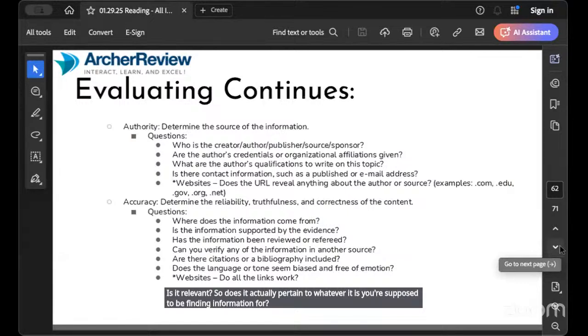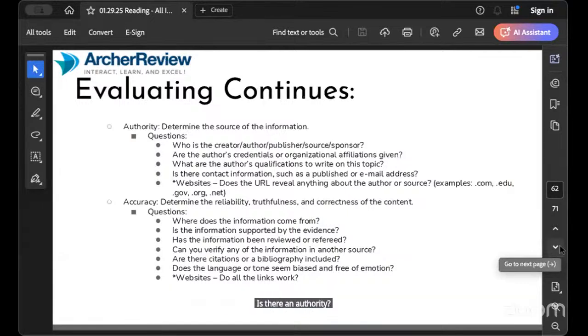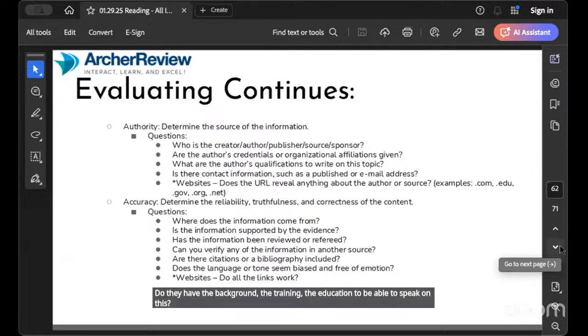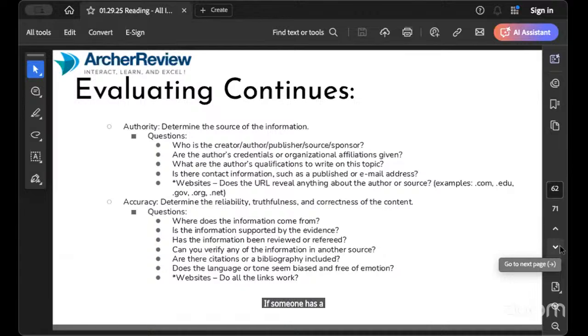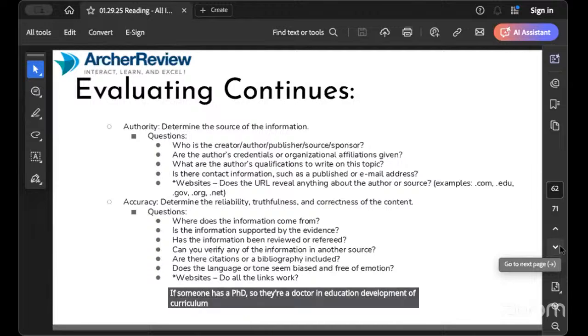Is there an authority? Now that means, whoever wrote it, do they have the background, the training, the education to be able to speak on this? Because if someone has a PhD, so they're a doctor in education development of curriculum, well, they have the correct credentials to be able to tell you that this is how you should properly structure your courses.